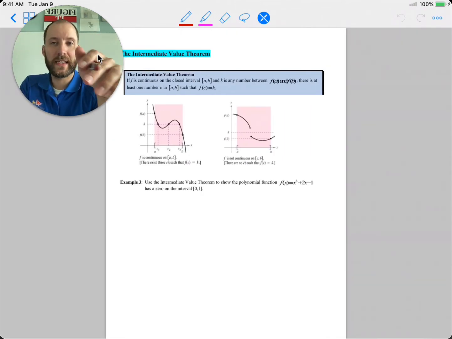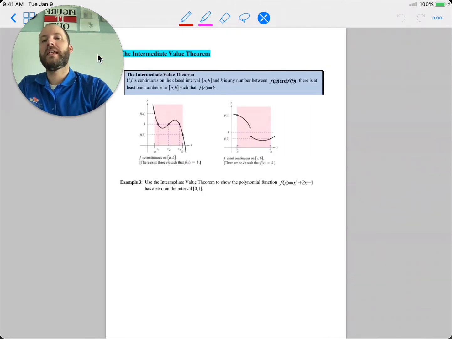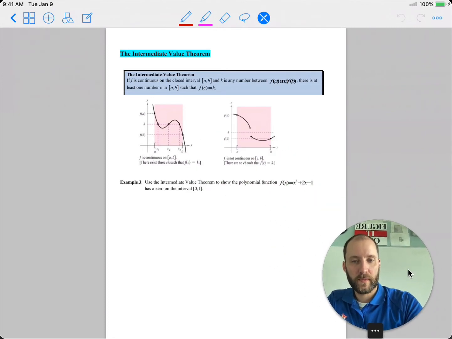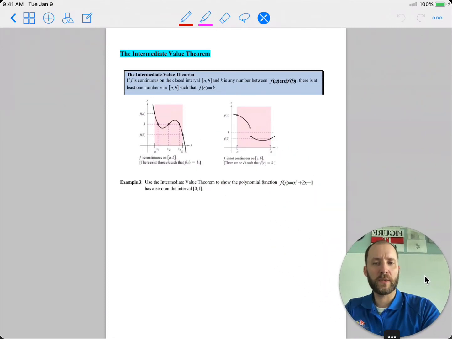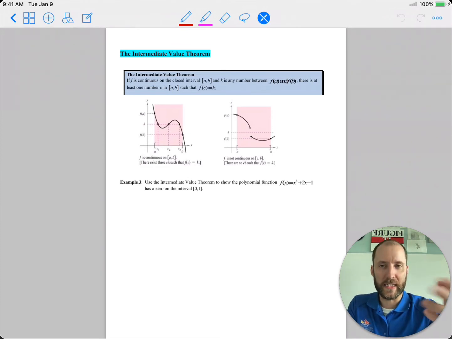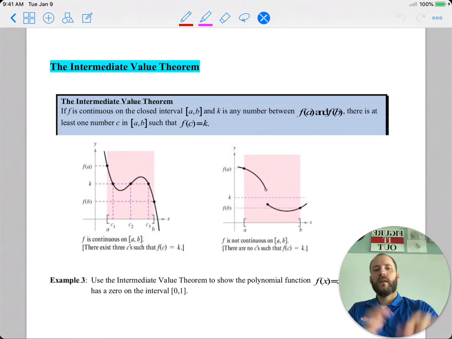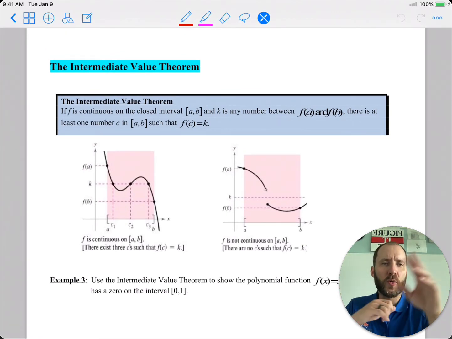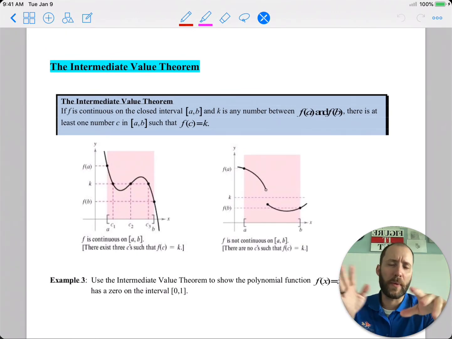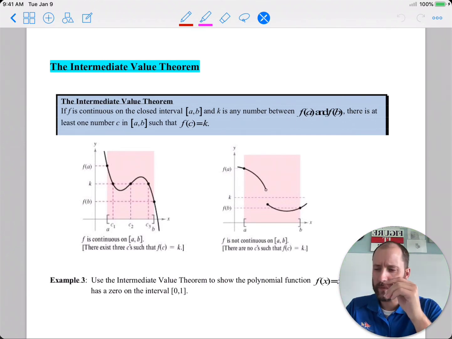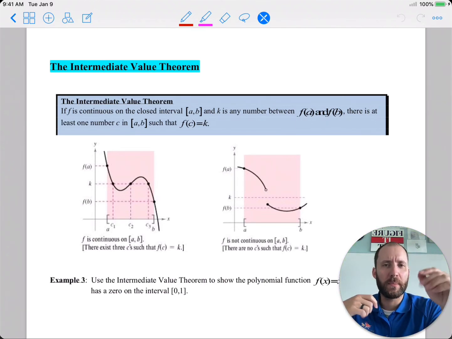Now the last thing for this unit, the intermediate value theorem, which again I like because there's a pretty simple way to visualize it, okay? Imagine when you go into high school, you are about 14 years old. When you graduate, you're about 18 years old.